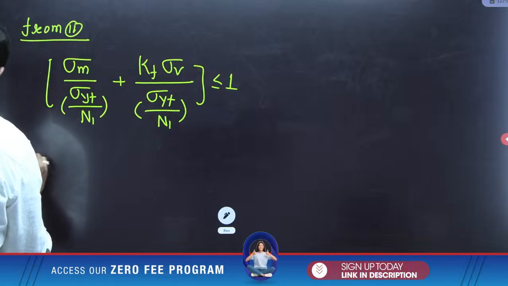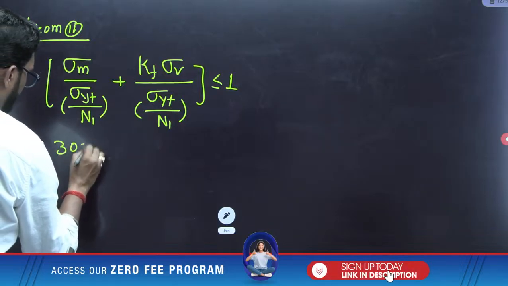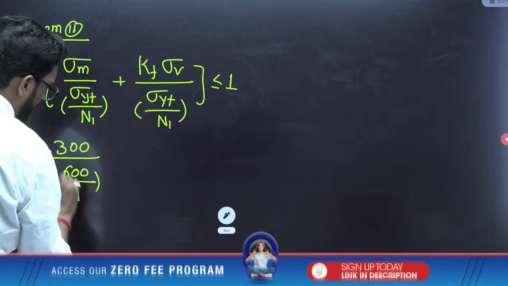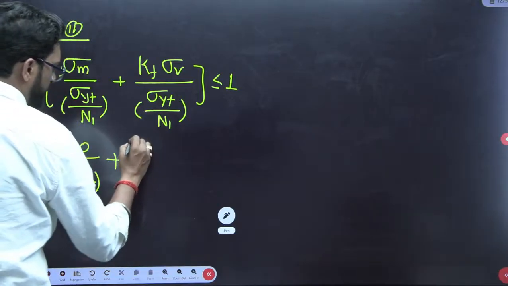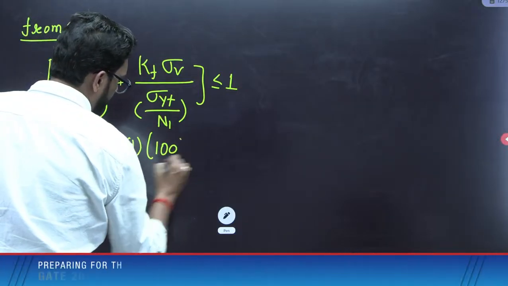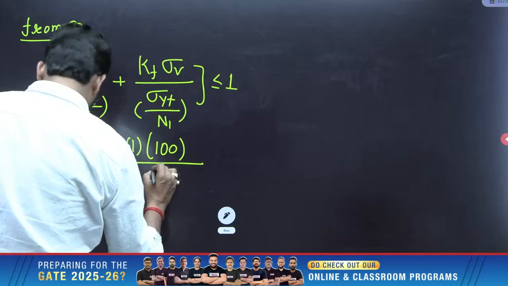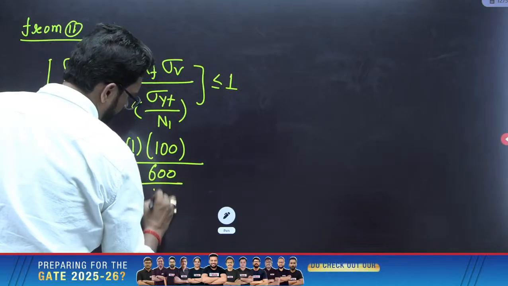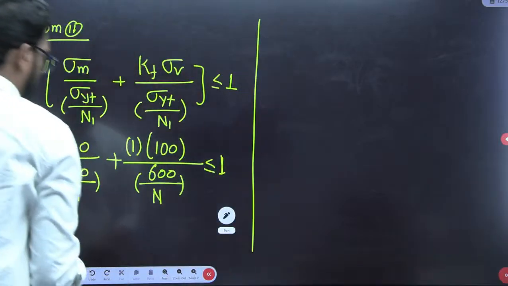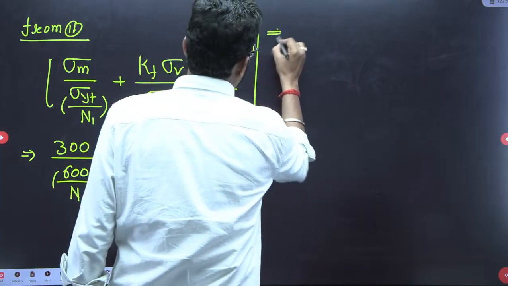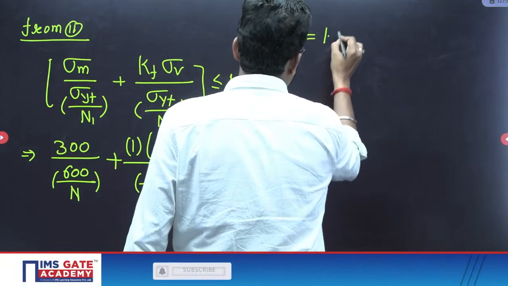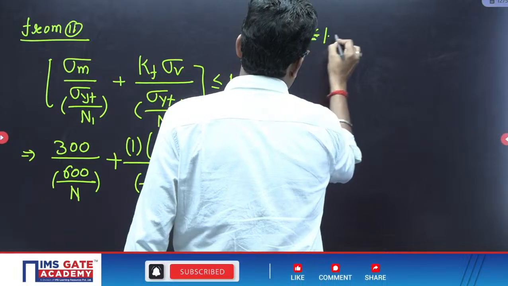So sigma m is 300, S yt is 600 divided by n, plus Kf is equal to 1, sigma v is 100, S yt is 600 divided by n, less than or equal to 1. So from here, for the Langer line, the factor of safety n is less than or equal to 1.5.